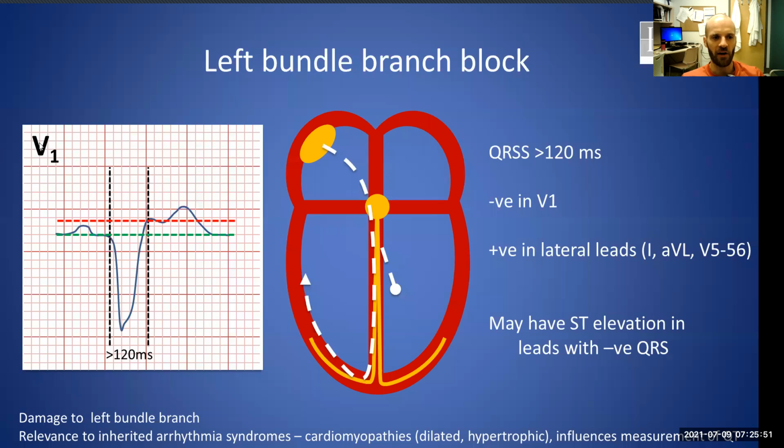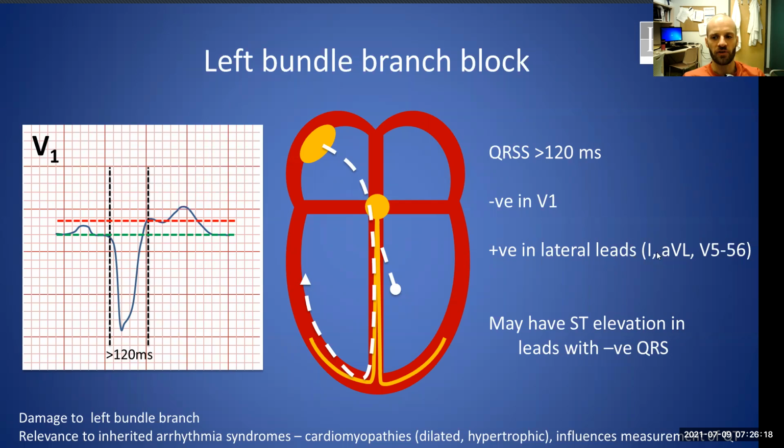And we're going to start out by looking at V1. Lead V1 is the lead that we're going to look to when we've got broad QRSs to try and tell us what's going on. You've got to remember V1. You're going to have a QRS that's more than 120 milliseconds. 120 milliseconds is our cutoff to say what's normal and what's not. And in V1, you're going to get a negative QRS complex. Okay.